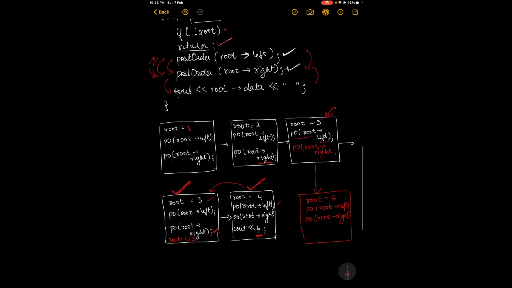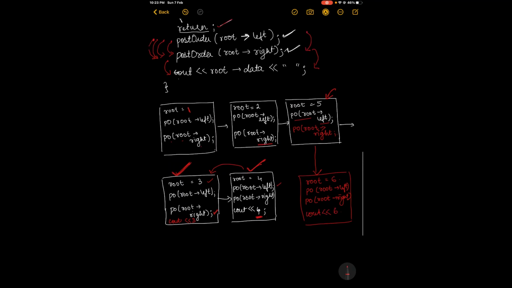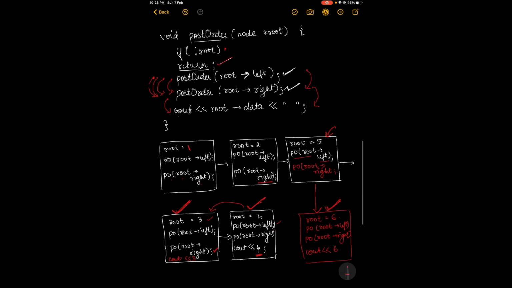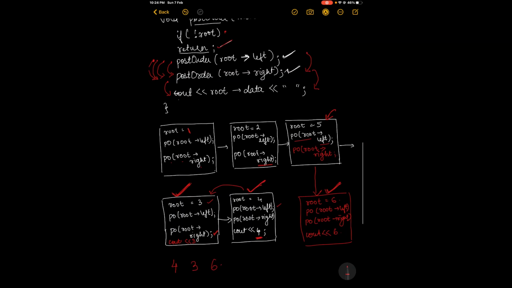So it will return to the calling function again and move on to the next step, which is cout 6. So now 6 will be printed. So we can say that this block is completed. So first 4 was printed, then 3 was printed, then 6 was printed.